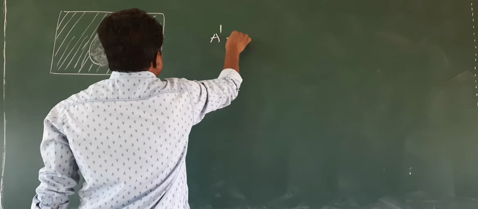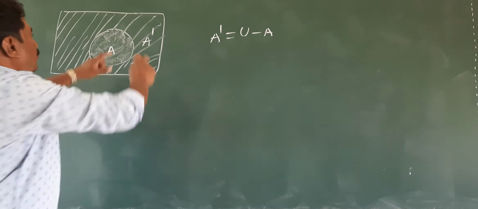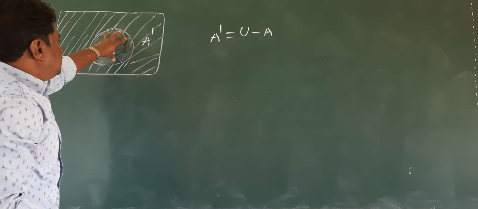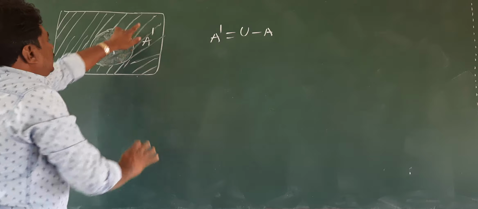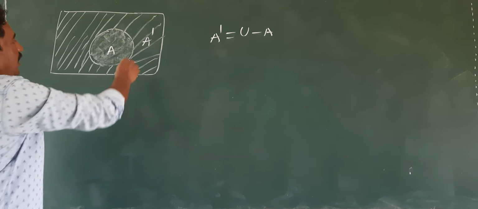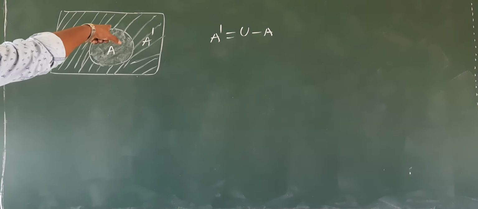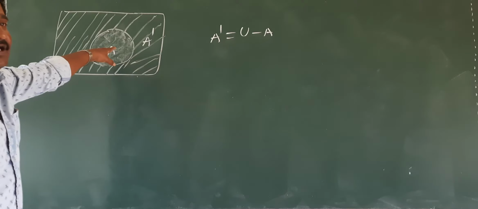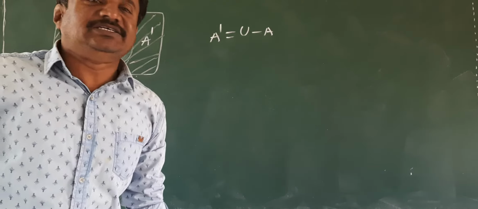The complement A dash is equal to U minus A. U, the full rectangle, means U minus A. Subtract this set A from the full rectangle. The remaining part, which I marked with lines, is A dash. The shaded part is A.